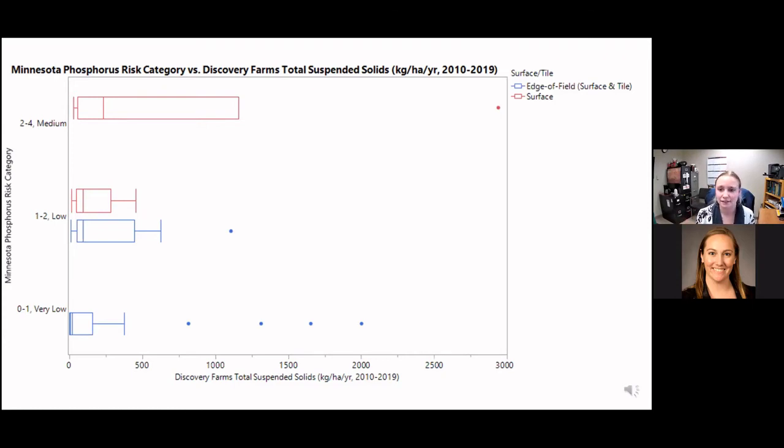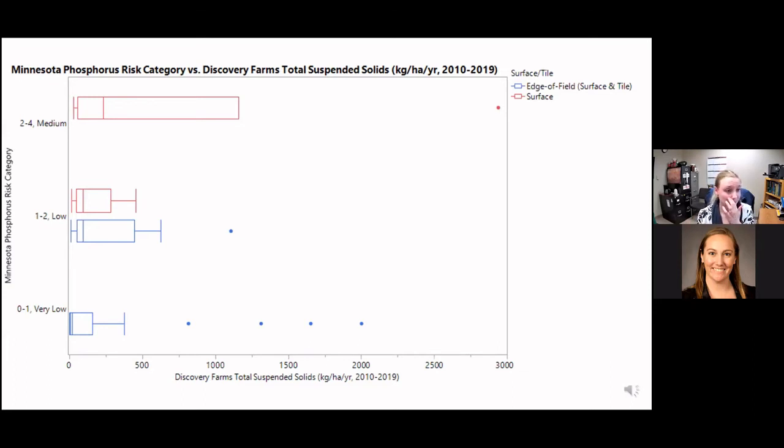And this was not surprising to me, because the surface data is seemingly caught by the MinPI model. This model does run the RUSLE2 equation, which is the second version. RUSLE2 is a calculator of soil loss.